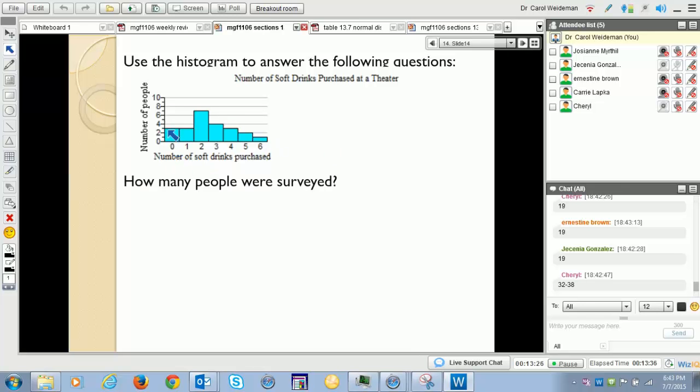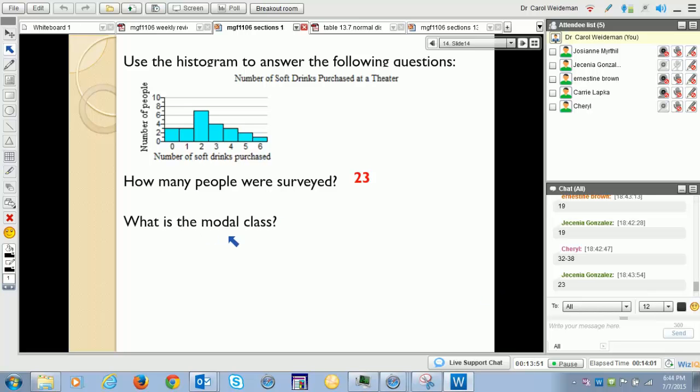So what do I have? 3 plus 3 is 6, plus 7 is 13, plus 4 is 17, plus 3 is 20, plus 2 is 22, plus 1 is 23 total. Okay, so it's a little bit harder on this display to find out the total number. 23. Good.